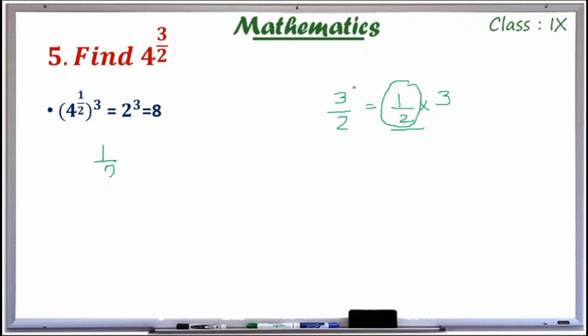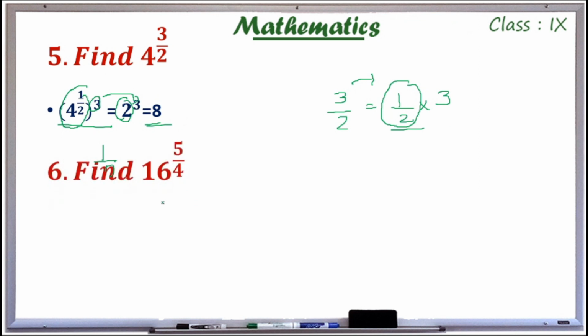So we split this fraction, and I can write it as 4 raised to 1 by 2, all raised to 3. 4 raised to 1 by 2 is equal to 2, and this cube is preserved here. And 2 cube is equal to 8. With another example you will understand.